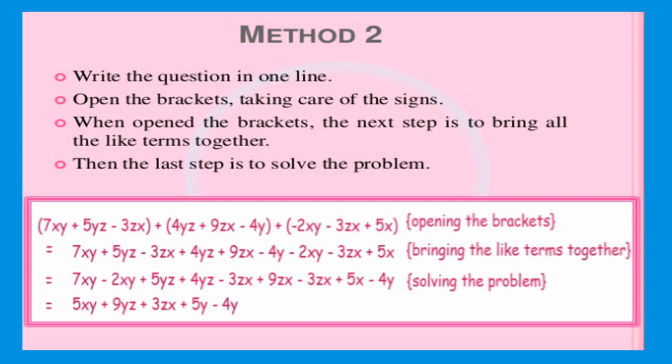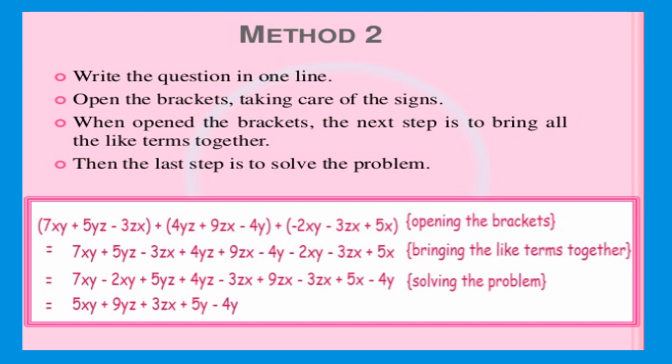Next you bring all the like terms together in the next line. See here 7xy minus 2xy, bring it together. 5yz and plus 4yz, bring it together. Minus 3zx and plus 9zx, bring it together. Then what is left over? Minus 3zx, then plus 5x and minus 4y.